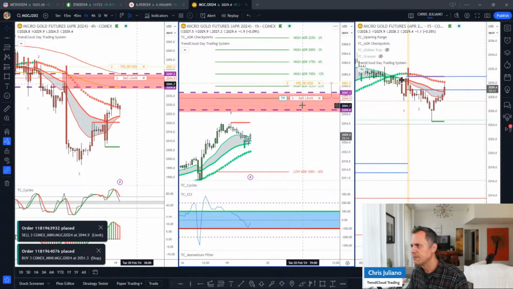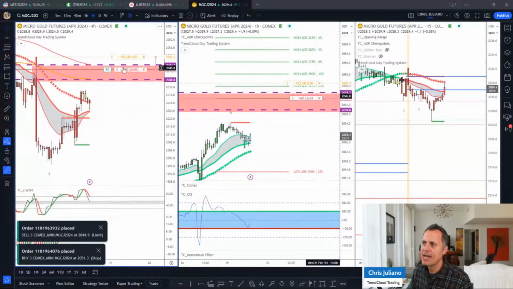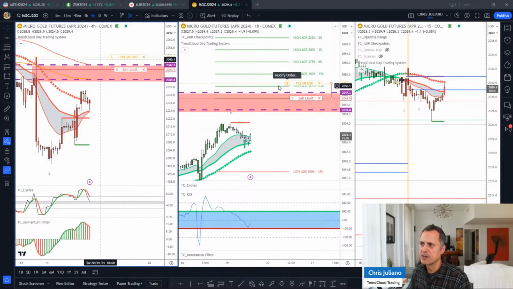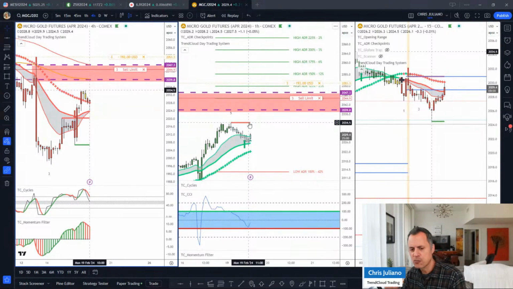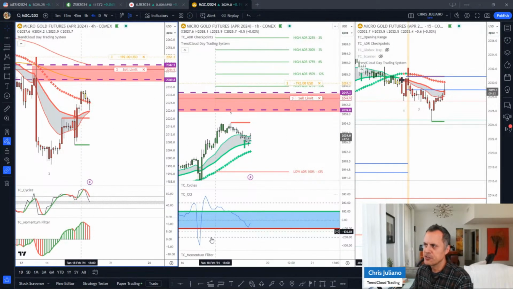You're actually above the second ADR checkpoint as well as the 200 simple, okay? So there's a lot of structural protection there for your stop loss. And we're just under $200, which is great, right?